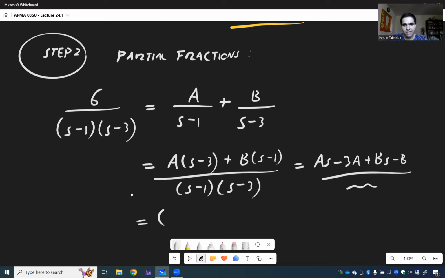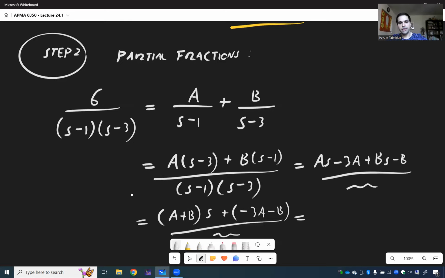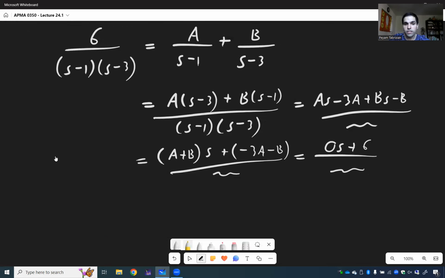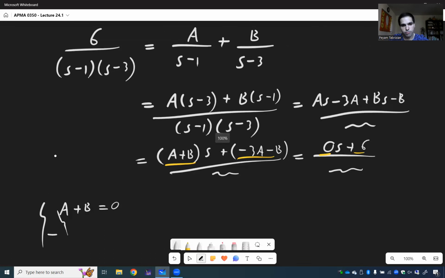And then you factor out the s. So it's A plus B times s plus minus 3A minus B over the whole thing. And remember, this is 6, which is 0s plus 6 over the same thing. And then we just need to compare the coefficients. So A plus B is 0, and minus 3A minus B is 6.